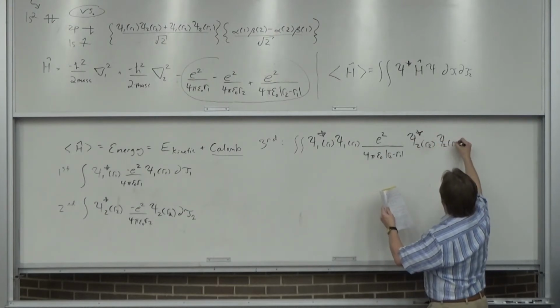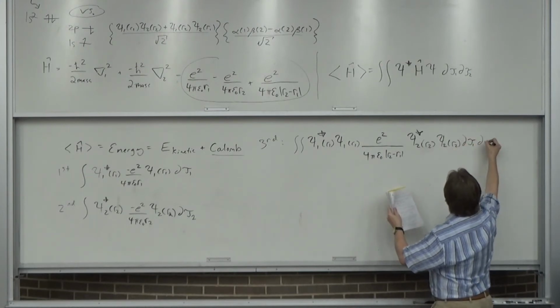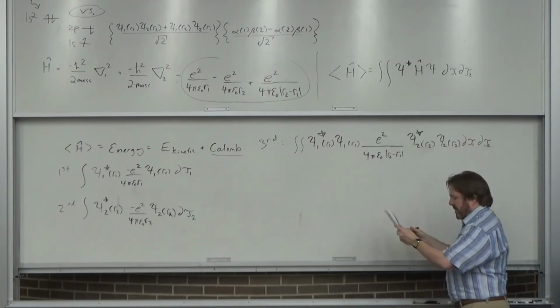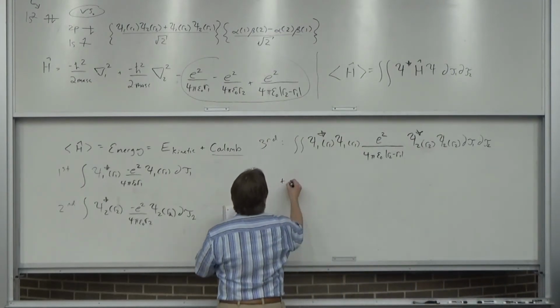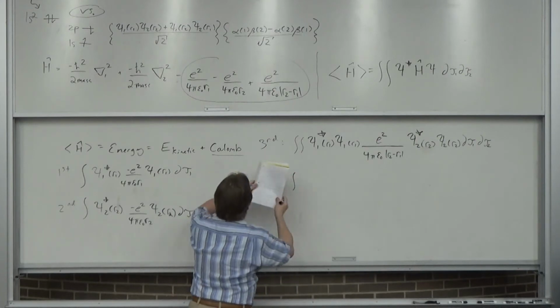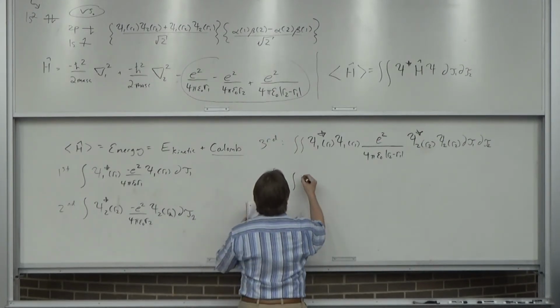I should speed up time, shouldn't I? Okay, so that's one of them. And then here's another one. Now again, these all come from this one term. It gets split into two pieces.